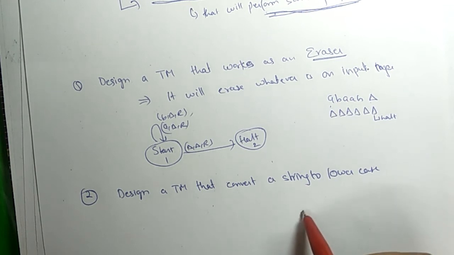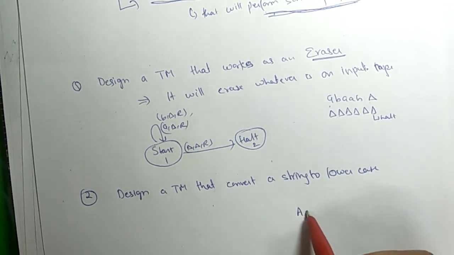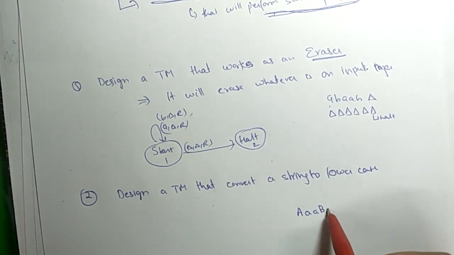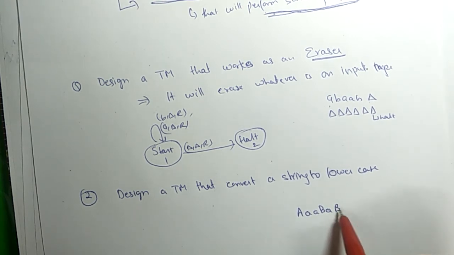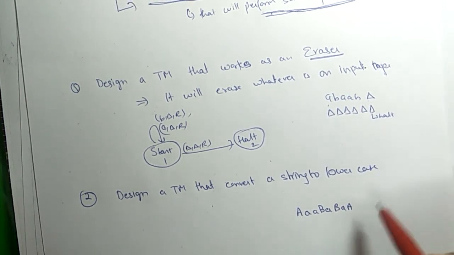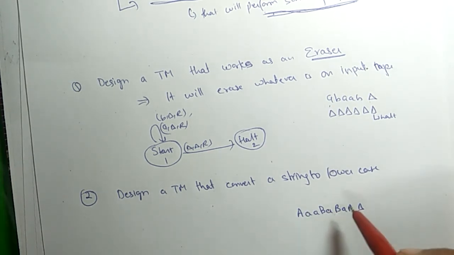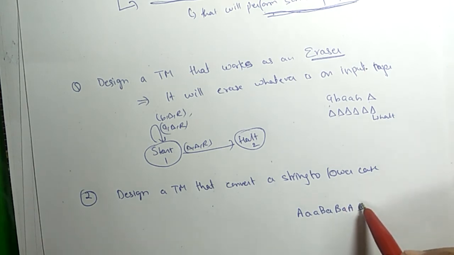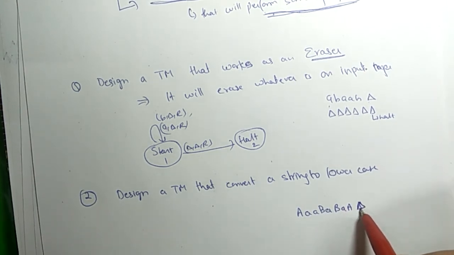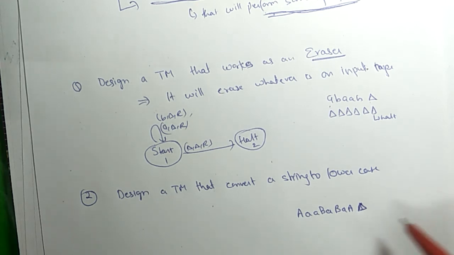Suppose we have a string having symbols that are a mixture of uppercase and lowercase. As an example, we take capital A, B, capital B, A, B, A, and then there are blanks, and the tape is open from one side.